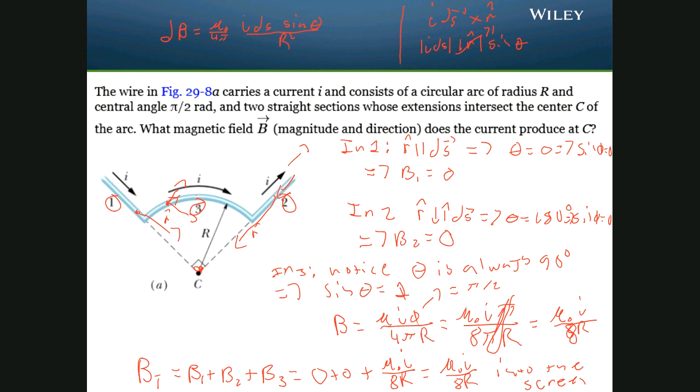So you want to make sure your fingers are curving, making a circle that goes in the same way as the current. Then you stick your thumb out, and that tells you the direction of the field. And so we can see here that because we're moving in a counterclockwise, or no, I'm sorry, a clockwise direction, our thumb will stick out into the screen. And that's how we get our direction. Okay?